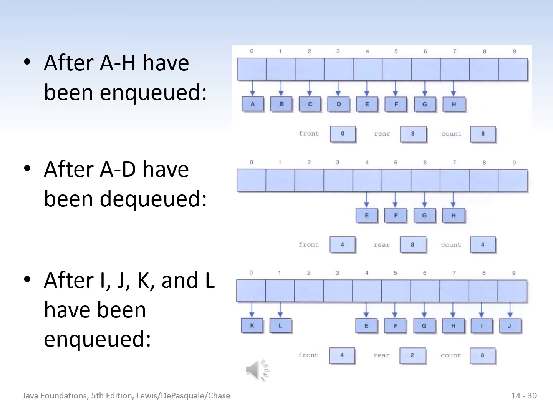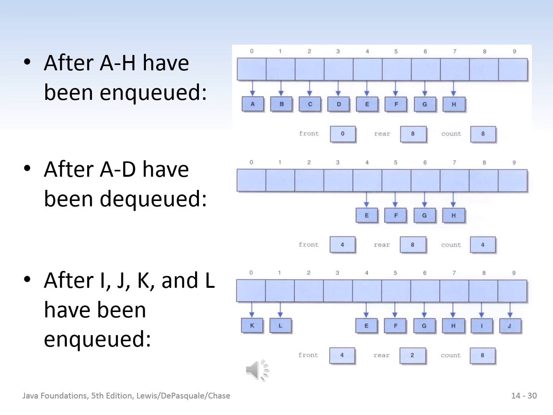So after we dequeue, first in, first out, remember, we dequeue A, then B, then C, then D. So now the front is 4, and the rear, after which we add new items to get enqueued, is 8. So the count is now 4.